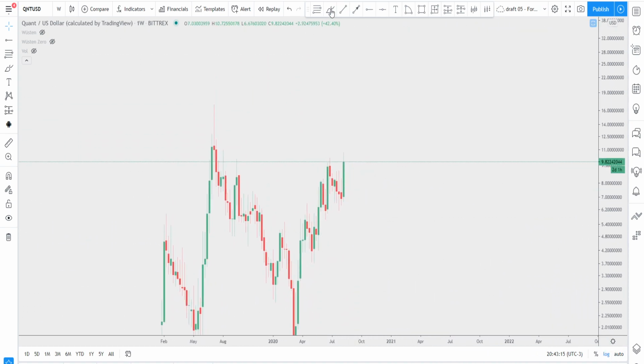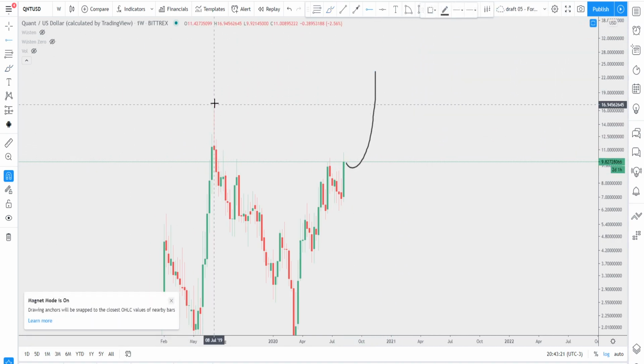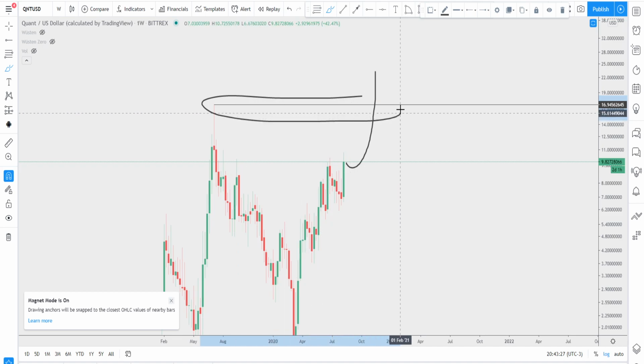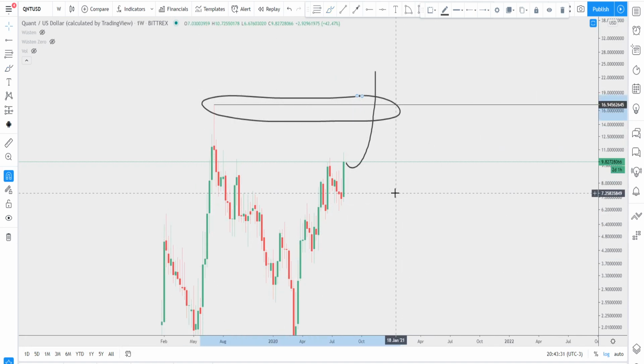If the same thing happens here, guess where they will be waiting. So this is very predictable moves, okay? They will be waiting right here. Even though this is not a key level, but is above a key level. And I'm going to show you.